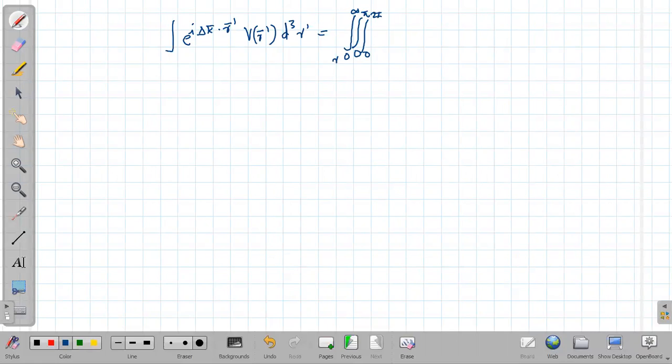So this is a three-dimensional integration. We can use any coordinate system as you like, and I am going to use the spherical coordinate system. And what are the integration variables? It's v of r prime, this is r prime, v of r prime, then e raised to i delta k dot r prime, which can be written as delta k mod, r prime mod, cos theta.